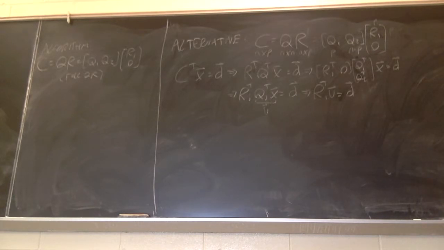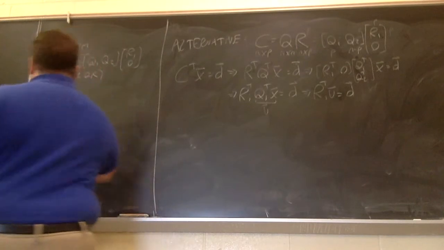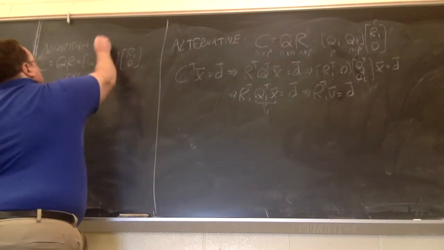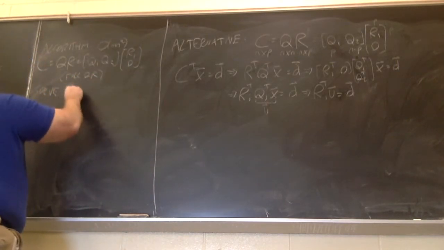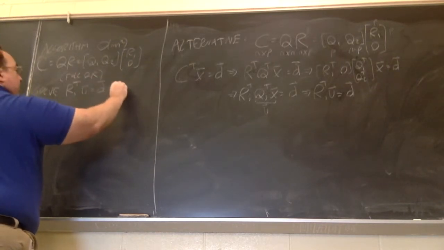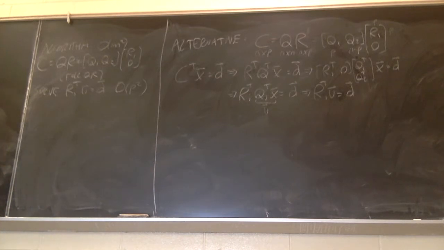Okay. So that'll be the second step of my algorithm. I'm going to solve R1 transpose U is equal to D. So that's on the order of p squared computations, because it's a p by p lower triangular system solved using forward substitution.